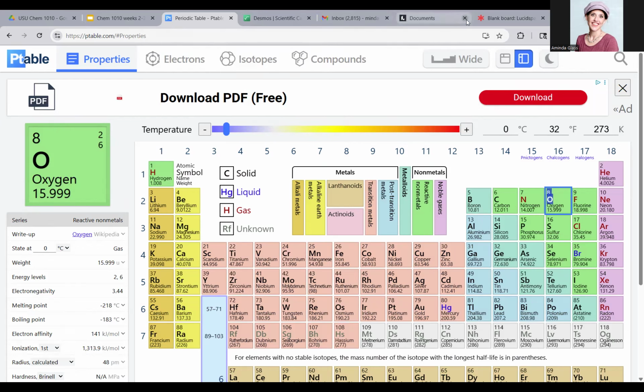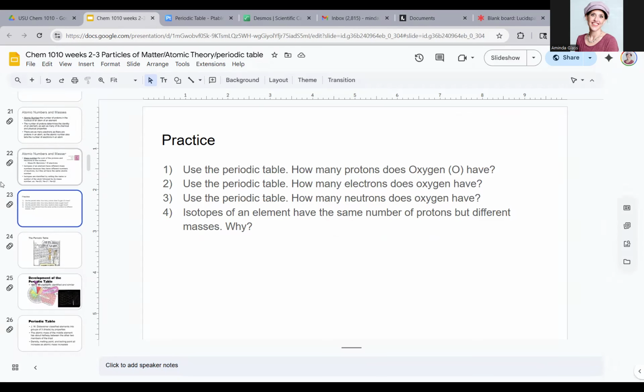Right, we'd have 8 protons. Now, if it's neutral and it has 8 protons, how many electrons does oxygen have? It has 8 as well.